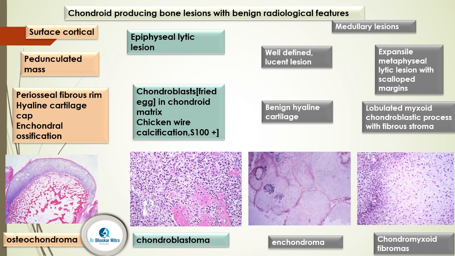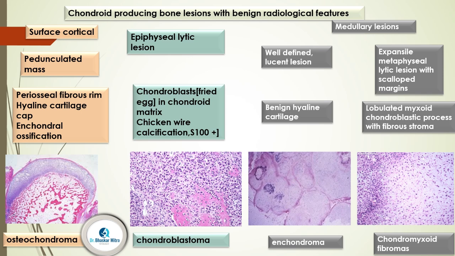The basic rule for bone tumors is that first we see the radiology and take the opinion of the radiologist. Whether the lesion has benign radiological features, meaning it is well circumscribed, with characteristics signifying that the lesion is benign.